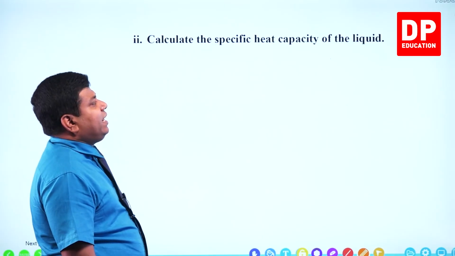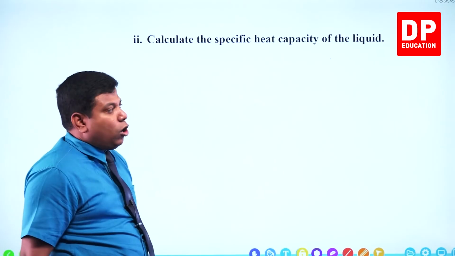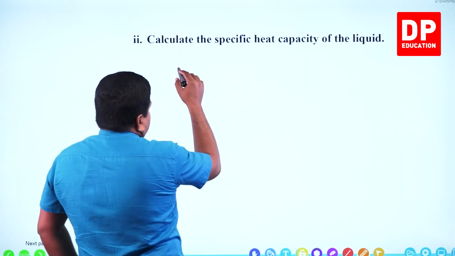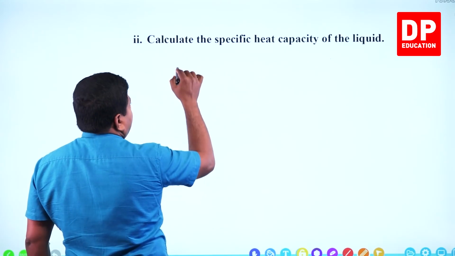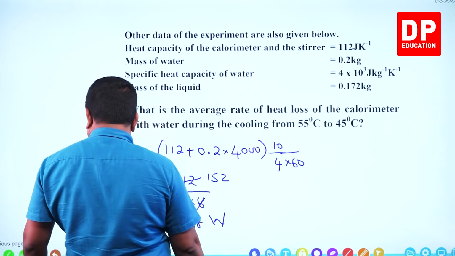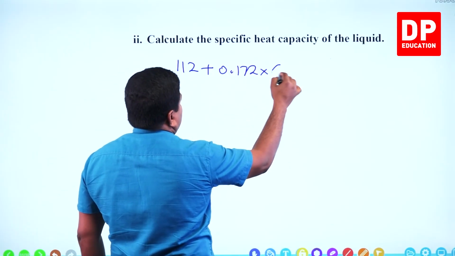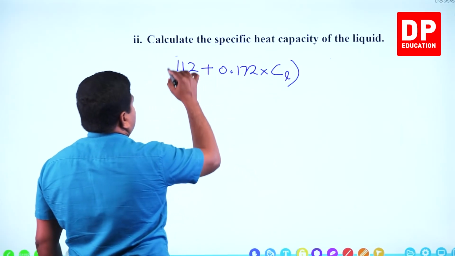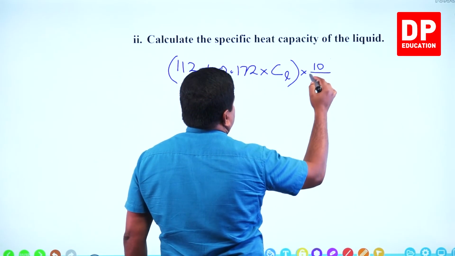Calculate the specific heat capacity of the liquid. The liquid's heat loss rate also has to be the same. That is again C, C is 112. The liquid's mass is 0.172 kilogram, into C liquid, into temperature difference 10.